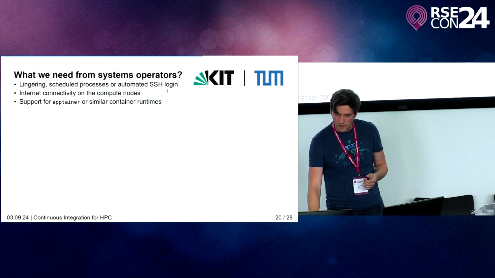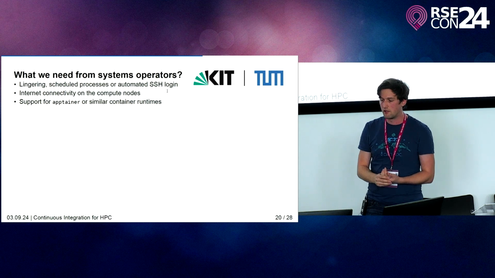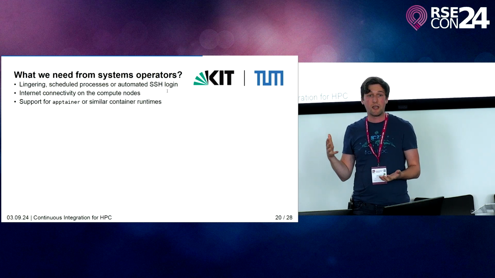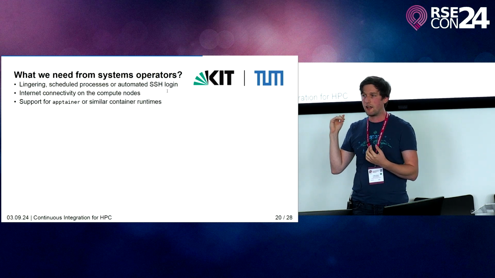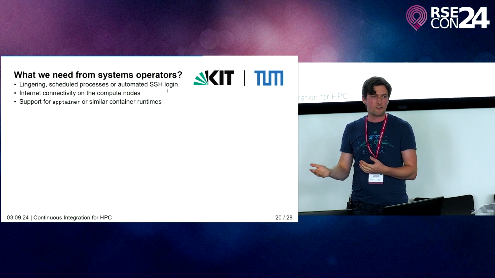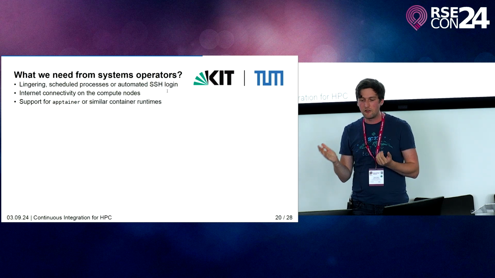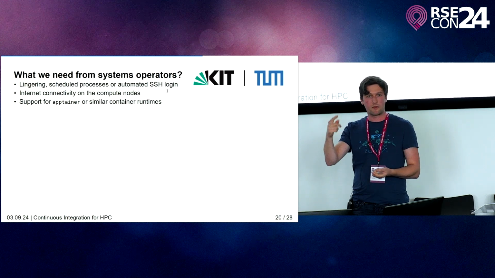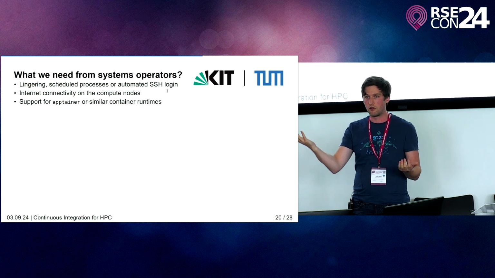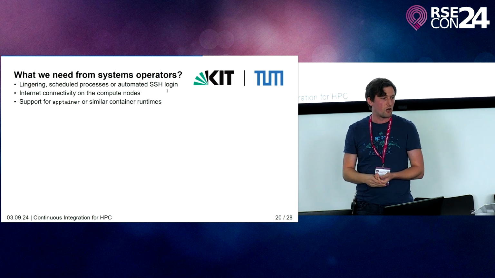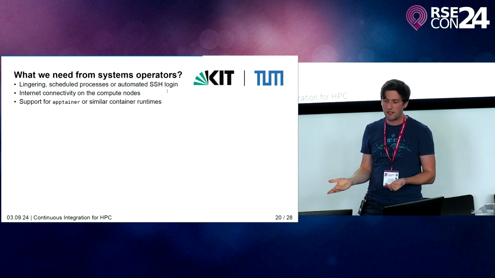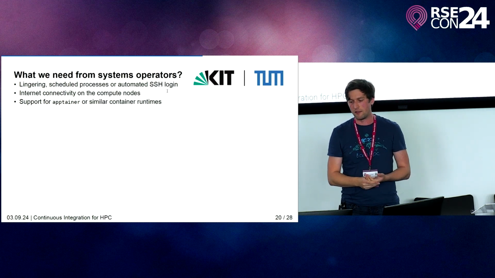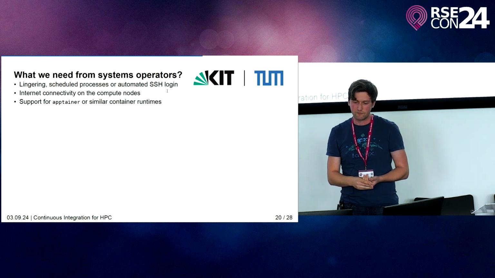Okay. And so basically just to finish this off, what do we need from systems operators to be able to run HPC CI jobs? Kind of what is the minimum requirement? We need either some lingering or scheduled processes that can repeatedly poll the GitLab queue, or we need automated SSH login capabilities, which are often conflicting with the two-factor requirements.